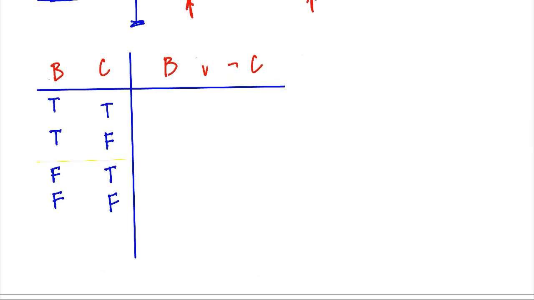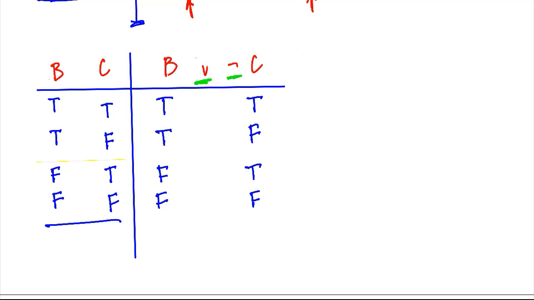Okay, next, we begin by copying the values for the atomic sentences, the letters themselves. Okay, now we have two more columns to fill in. So the column underneath the wedge and the column underneath the negation, the not sign there. Okay, the main connective in this sentence is the wedge, so we want to do that last.